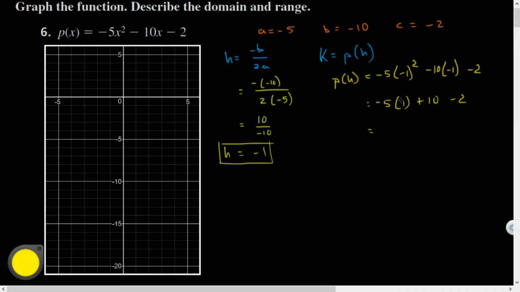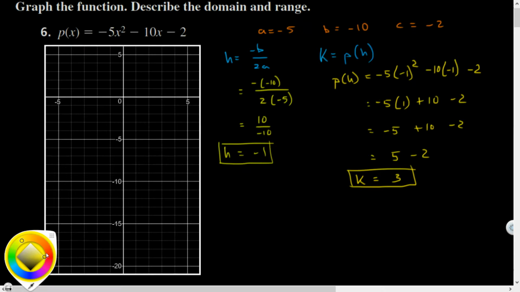Negative 5 times 1 is negative 5. Plus 10 minus 2. Negative 5 plus 10 is 5, minus 2. So k is going to equal 3, and therefore our vertex is the point negative 1, positive 3.